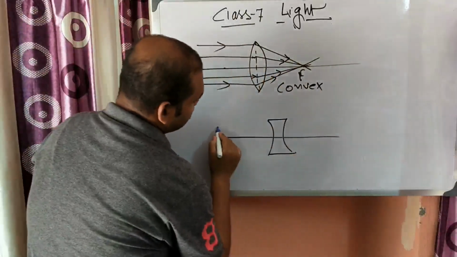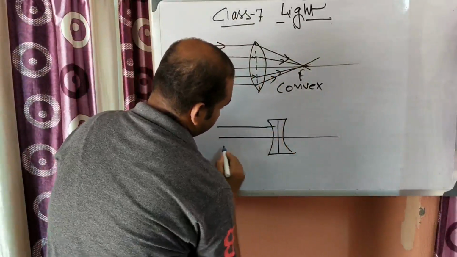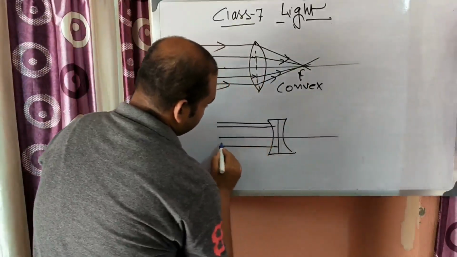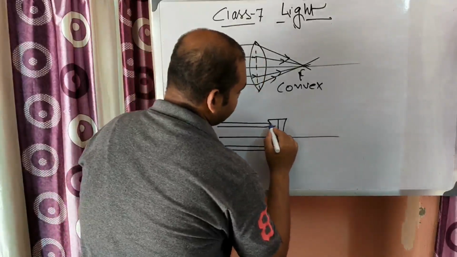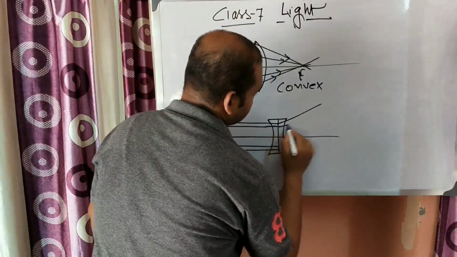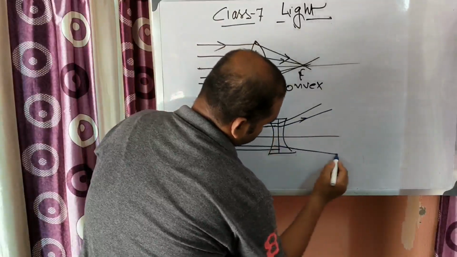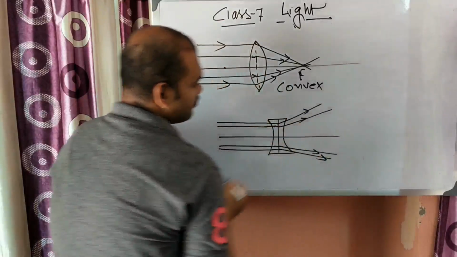Because after refraction, all the parallel rays coming parallel like this will diverge from each other.